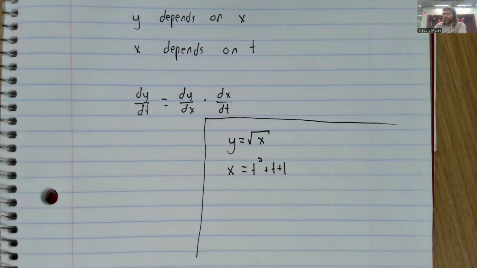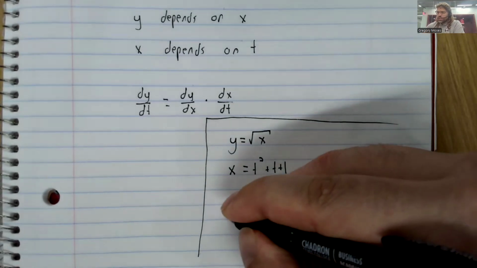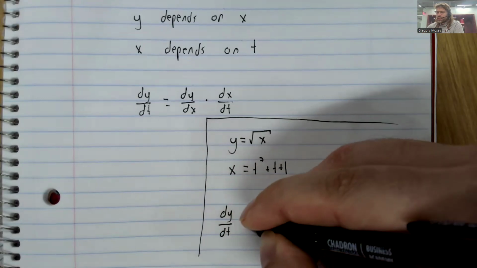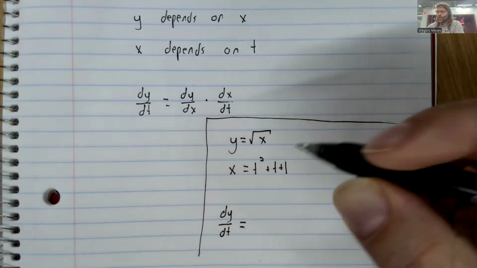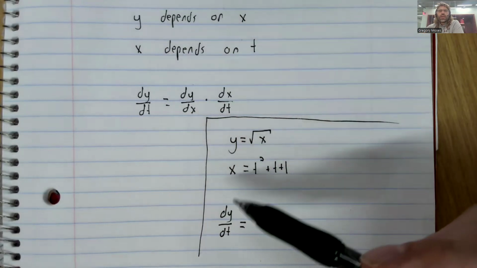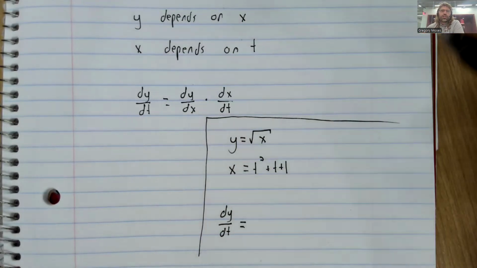And we want dy/dt. y depends on x and x depends on t, so y depends on t. And it makes sense to ask for this derivative.